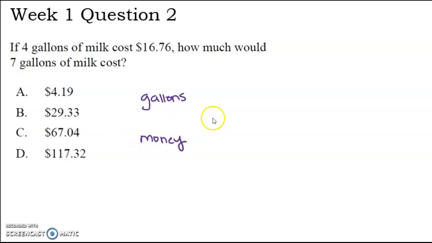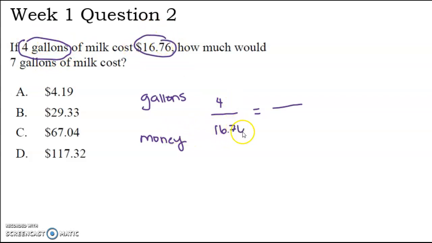The reason I'm writing these is because I am creating a proportion, and I want to make sure they're lined up the right way. So if I put gallons at the top, it says 4 gallons, so that number 4 goes with $16.76.